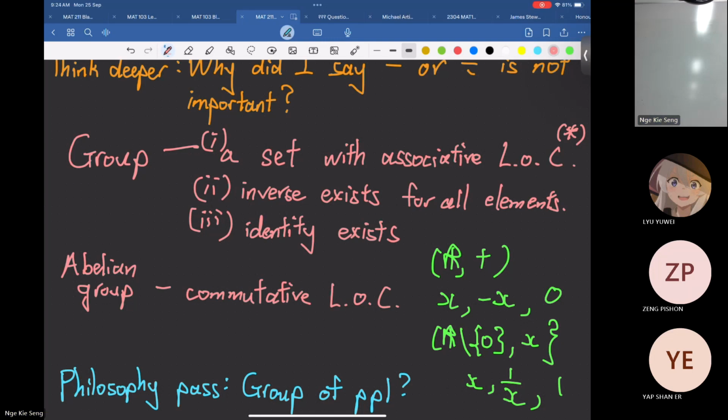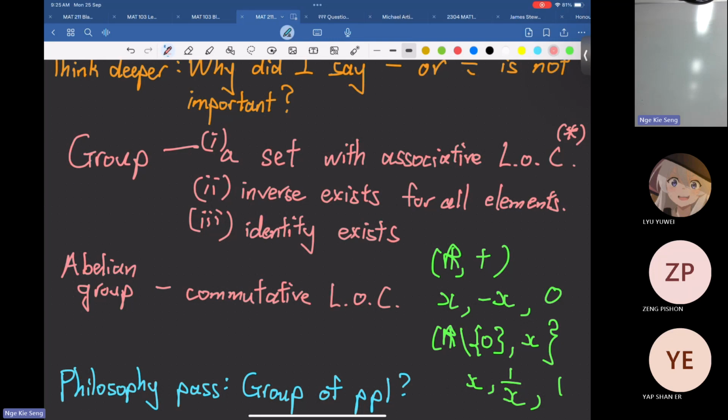Maybe two of you are good together, but the other one is not good with them; then maybe you are not a group. And an identity exists, meaning everyone can refer to maybe the head of the group, and everyone can get to it easily. So typically in a group, you must have a head.